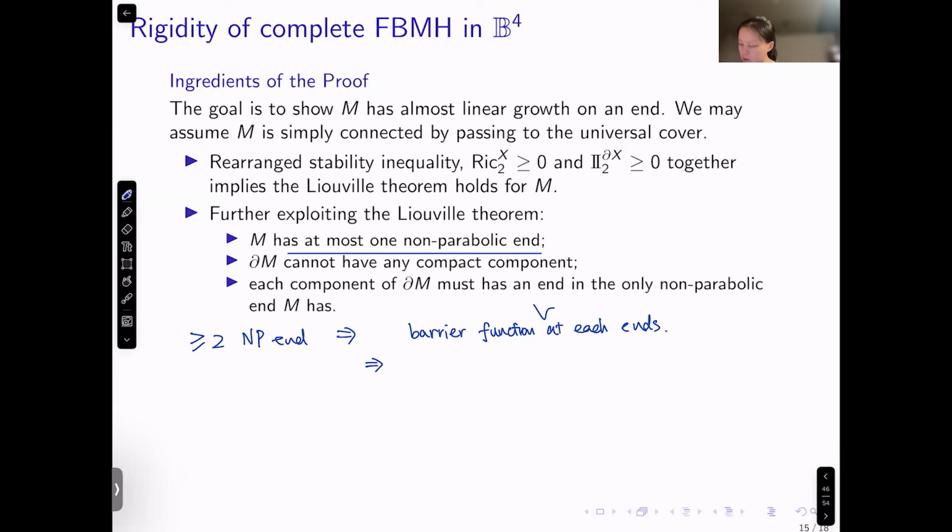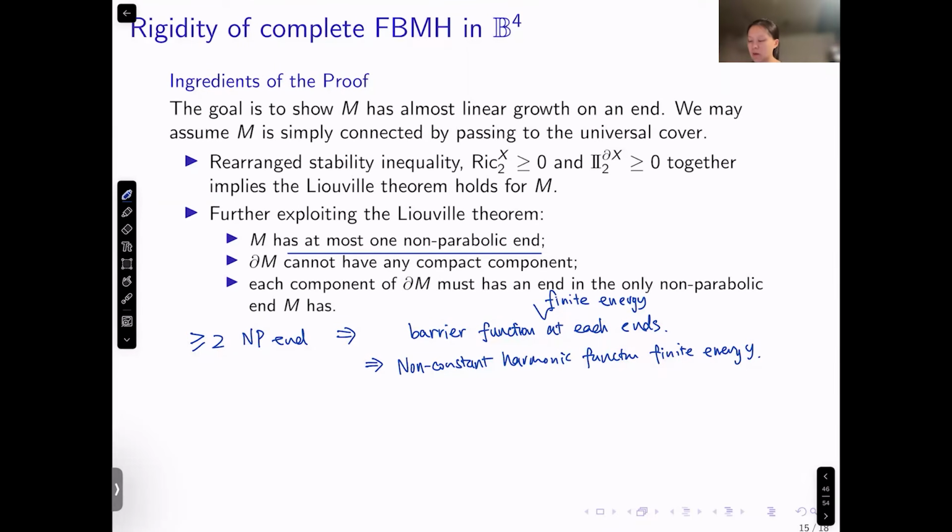The barrier function also has finite energy here. And that will be a contradiction to the Liouville theorem. So we only have one bad end to worry about.